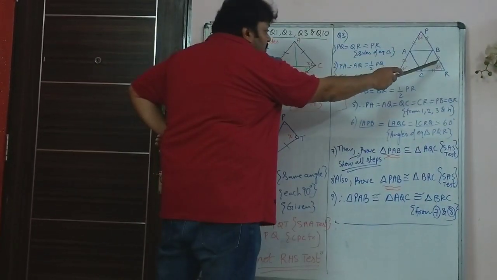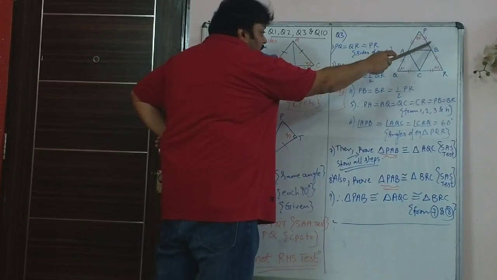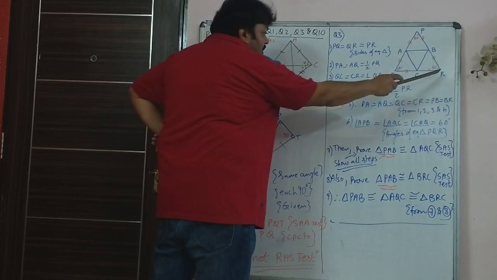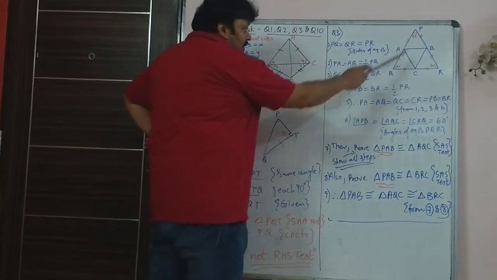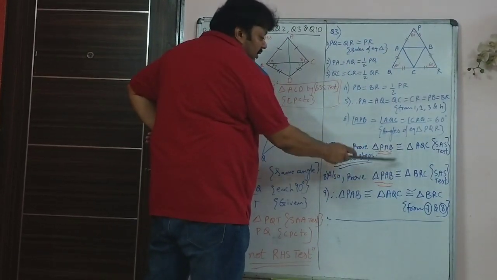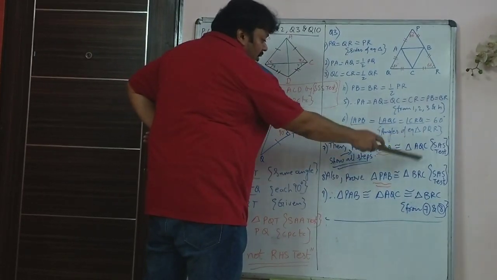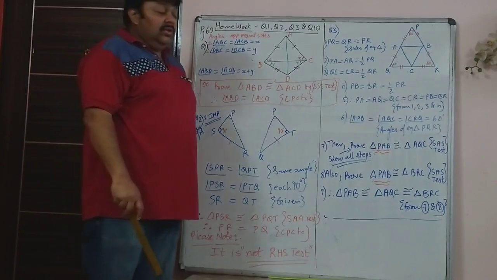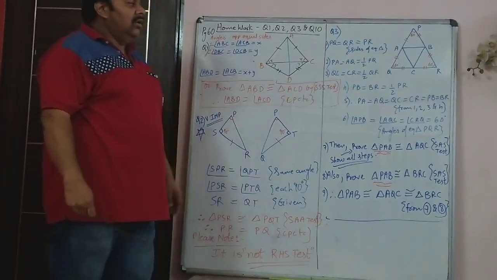Similarly, you prove these two triangles congruent: PB, BR, 60, 60 and PA with CR. So again SAS test. So now since PAB is common in both these steps, you can say that all the three triangles are congruent by SAS test.